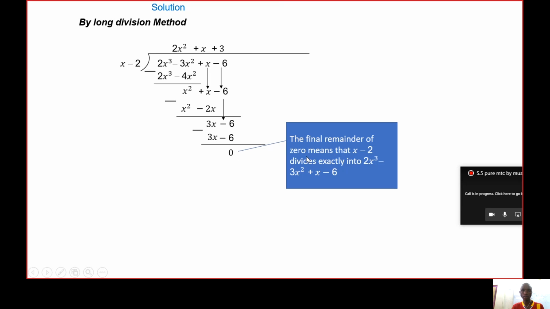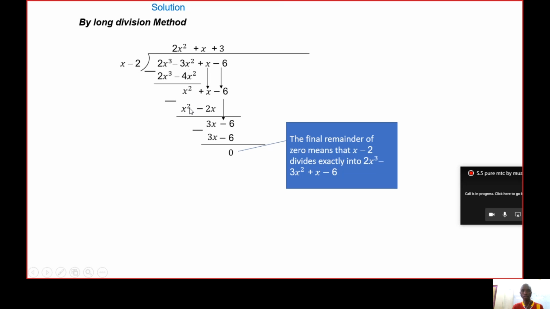This means that x minus 2 divides exactly into 2x cubed minus 3x squared plus x minus 6, so x minus 2 is a factor of this function.